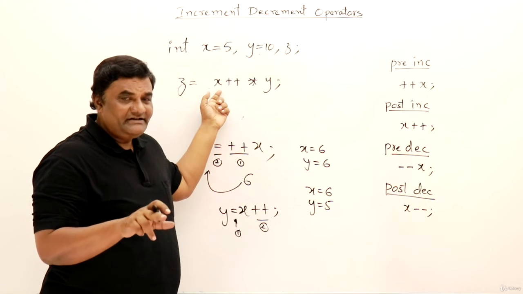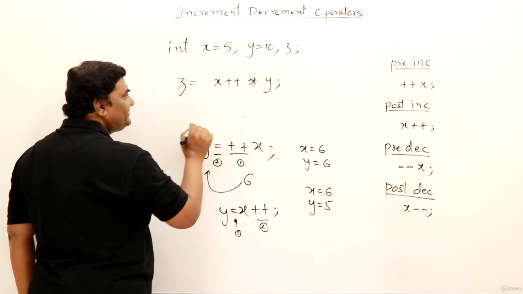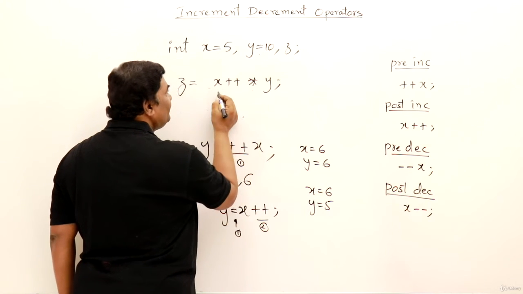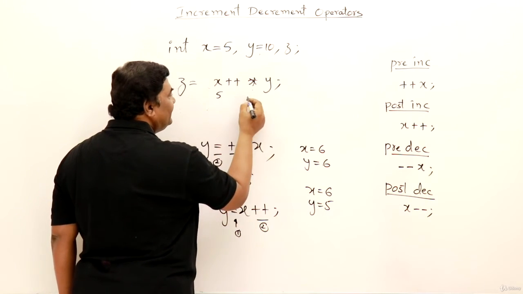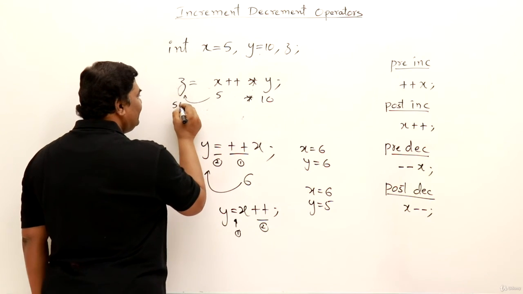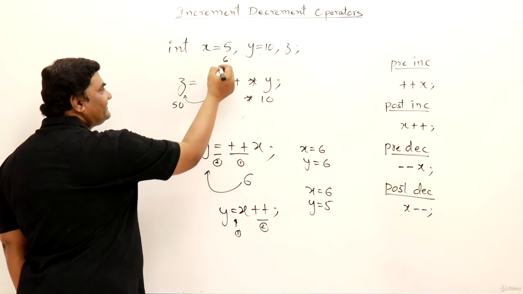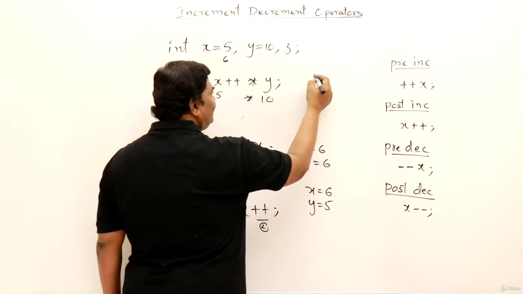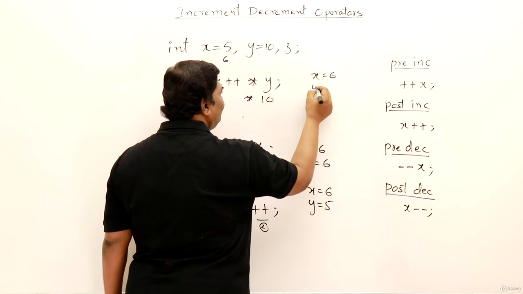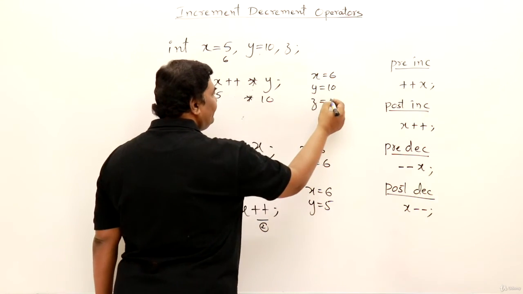So first which operation is performed? Multiplication. What is the value of x? 5 into 10. So this 50 is stored in z and then x becomes 6. After this the result will be x is 6 and y is 10 only, it is not being modified, and z becomes 50.